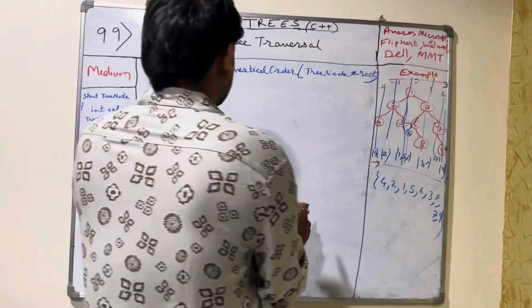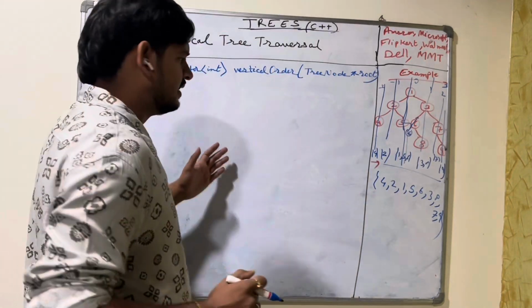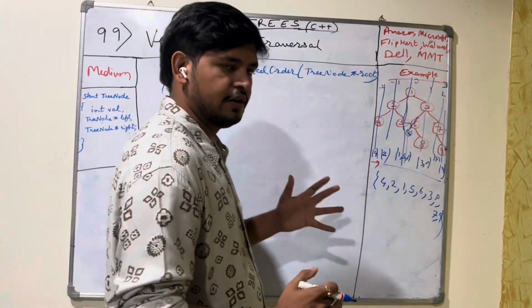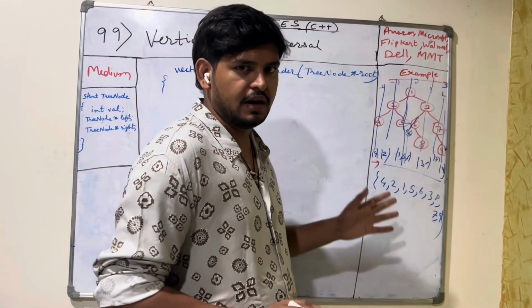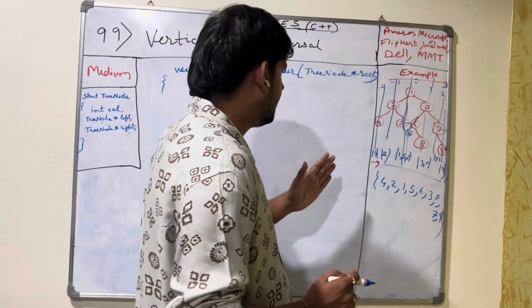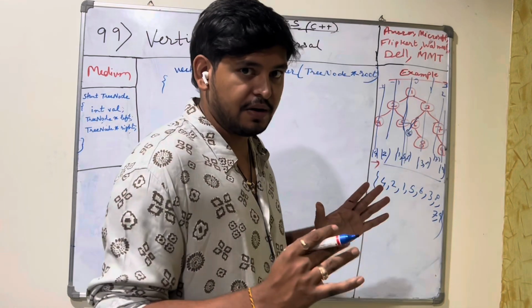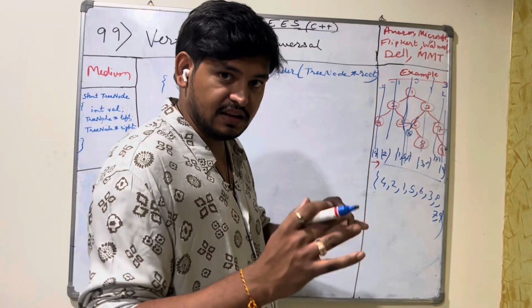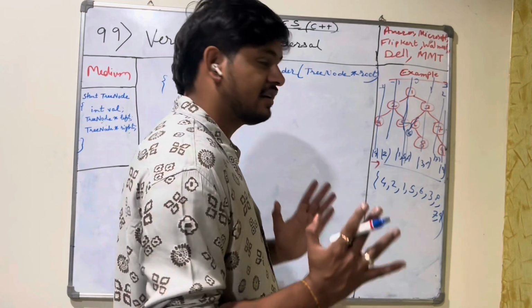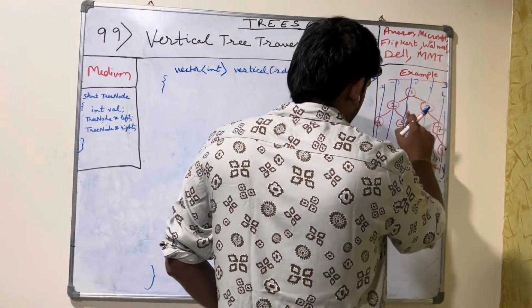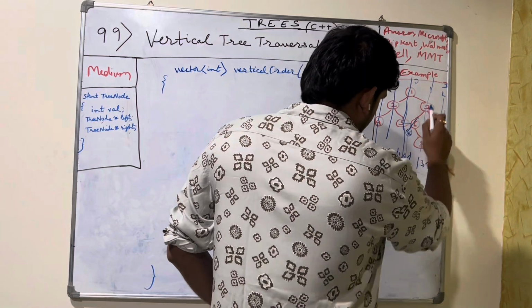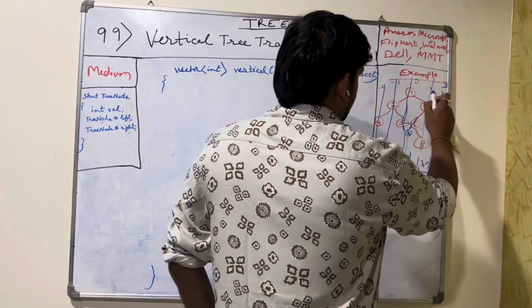Okay, so let's code it. It's very simple. What we will do, we will do the traversal that we did for the top view of the binary tree, but now we will take a map of integer to vector of integer, because we will store all these values. Like 1, 5, 6, and the 3 and 8 we will store for index 1.